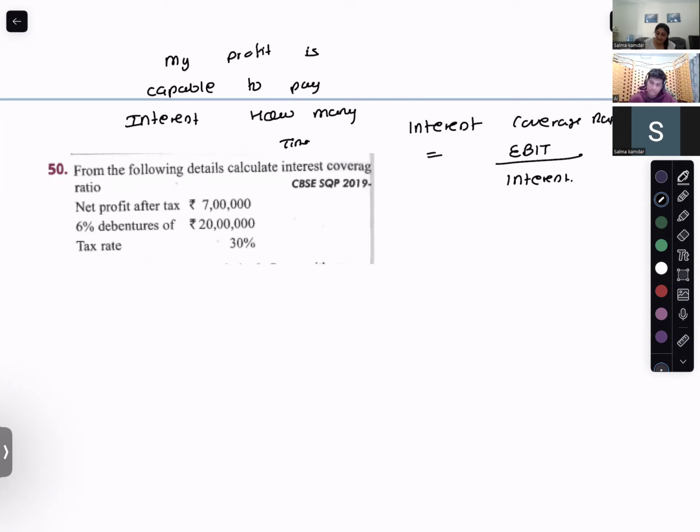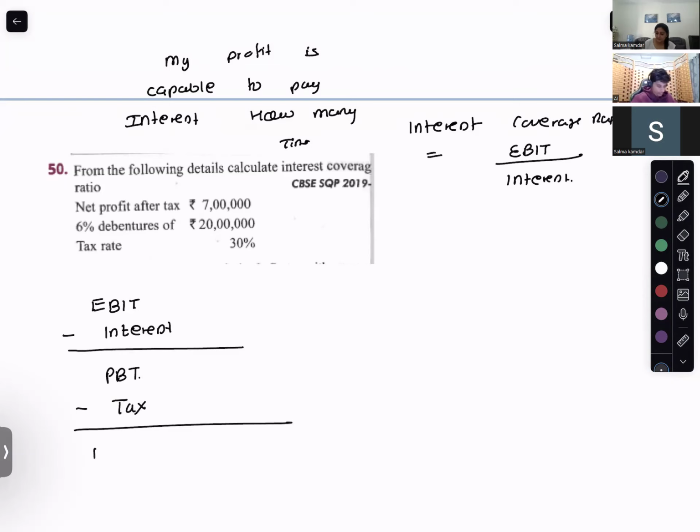I know EBIT. How do I get EBIT? Net profit before tax minus interest gives you EBT. Then minus tax, we get profit of the year.